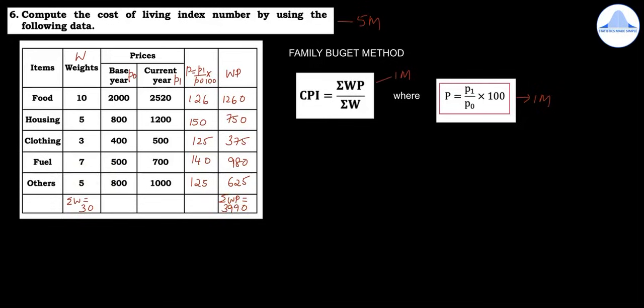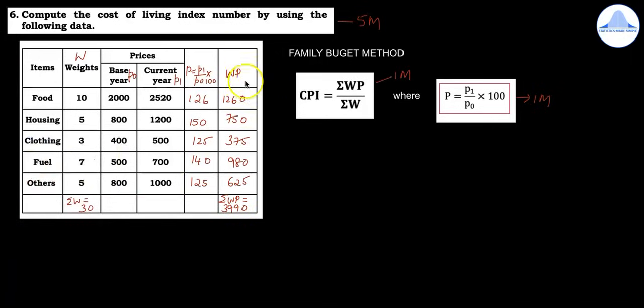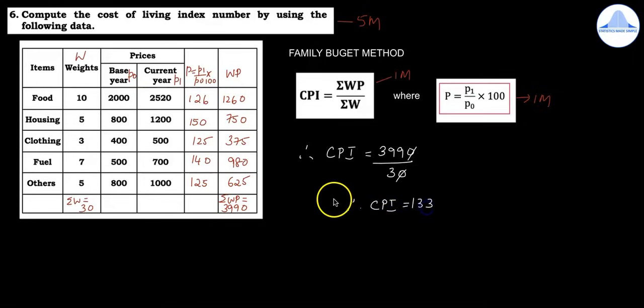So now let us substitute these totals in the formula to get the final answer. So therefore CPI is equal to 3990 divided by 30. So you will get CPI is equal to 133.